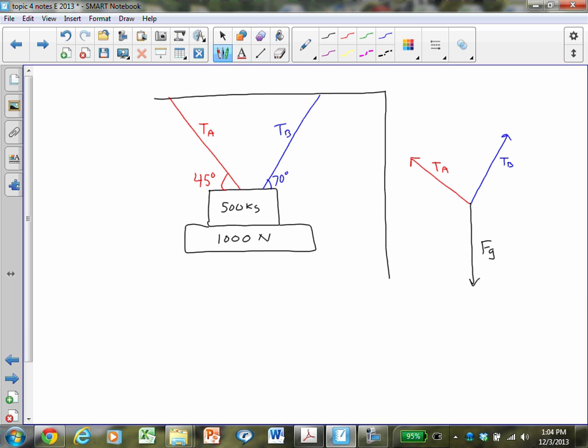So why is the scale reading 1,000 newtons? Because it's hanging, but the scale is still providing some upward force, 1,000 newtons. What do we call that upward force? It's a support force or a perpendicular force, so F perpendicular is straight up. If you just looked at what the scale said, you would say the box weighs 1,000 newtons. Is that true? No. The box weighs 5,000 newtons because it's also attached to ropes.